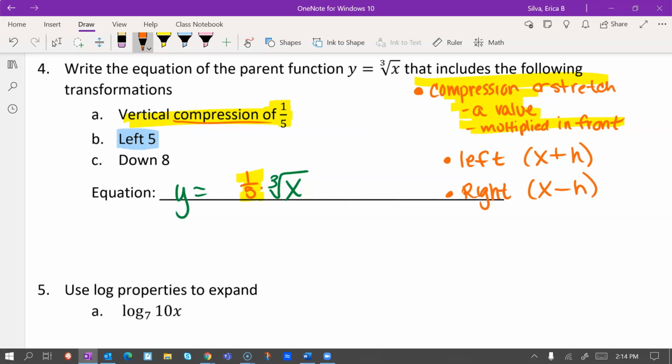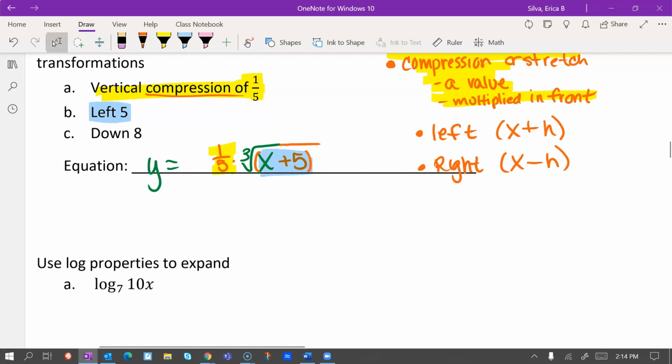So in this case, we have to say x plus 5. It's very important that you put it in parentheses and that all of it is under the radical. So this part is important. Under the radical, in parentheses.